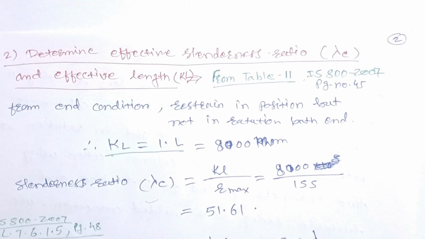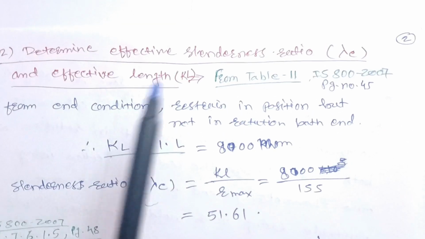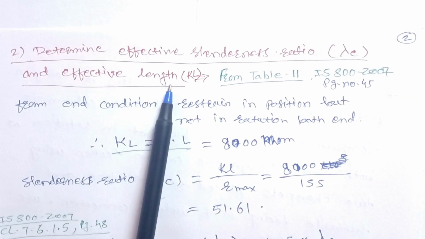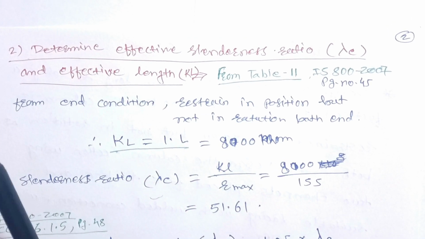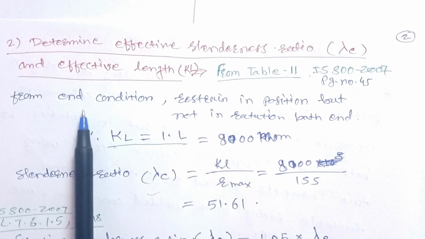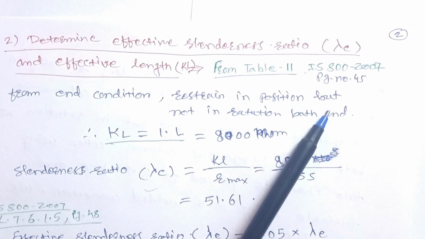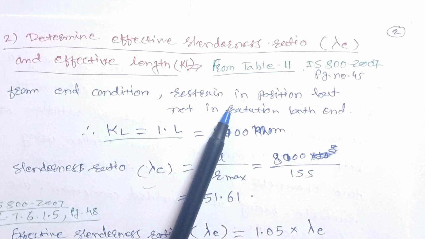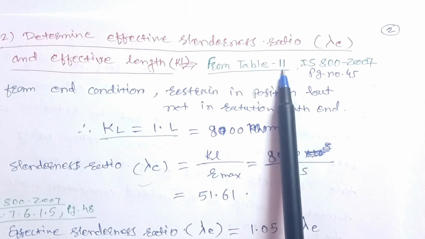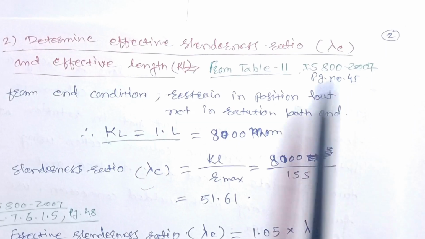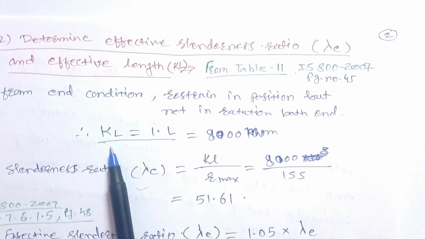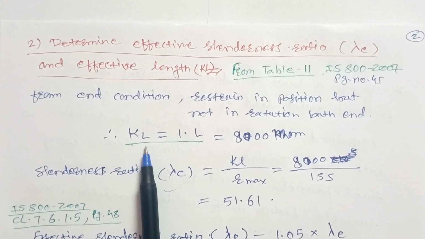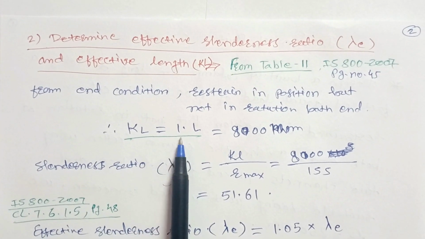In the second step we have to determine the effective slenderness ratio, that is lambda E, and the effective length from the given end condition. The end condition is restrained in position but not in rotation at both ends. From table 11 of IS 800 we have determined that effective length is equal to 1L.